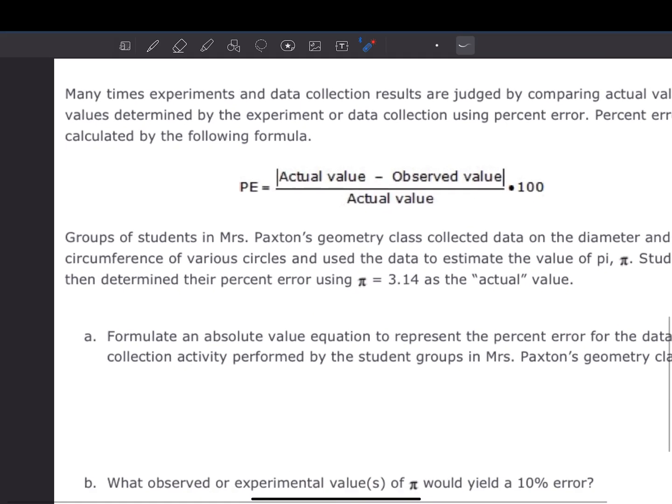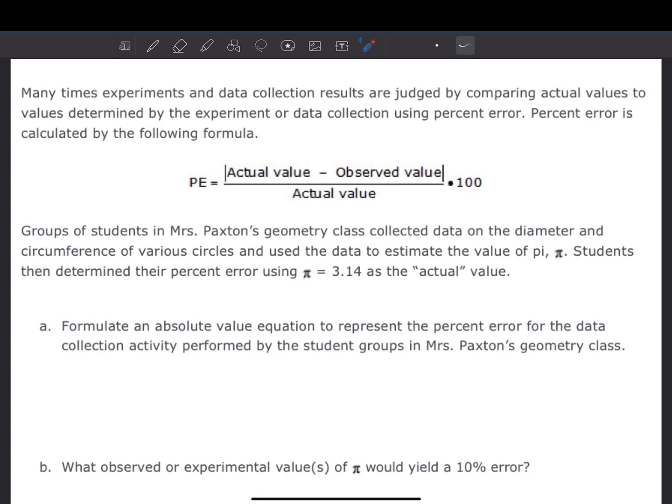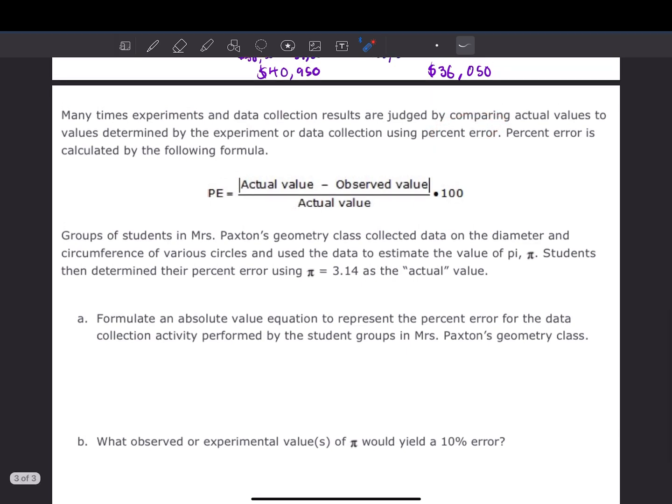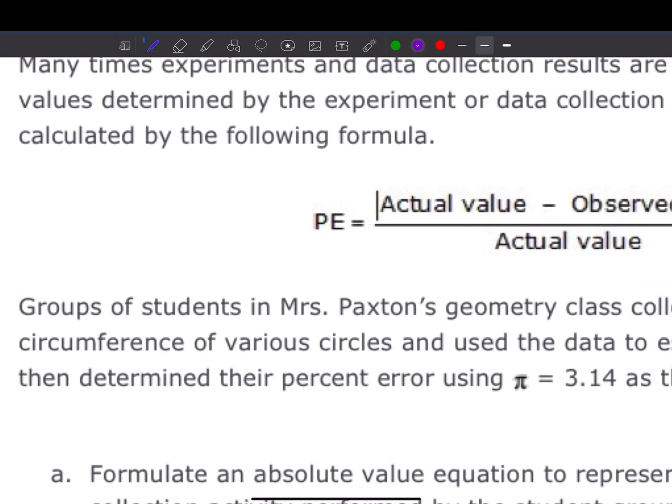Next, we're moving on to percent error. This says many times experiments and data collection results are judged by comparing actual values to expected values, by determining the accuracy of the experiment or data collection using percent error. It's a fancy way of saying, let's say you found a weight set, like a 45-pound weight set. The thing should weigh 45 pounds, and in actuality it weighs 45.5 pounds, so it's off by 0.5.